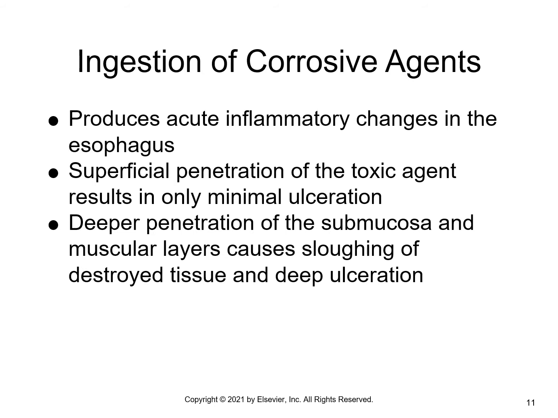Now, if for some reason it was maintained in the esophagus for a longer period of time, maybe because it was a thick fluid or they're having difficulty swallowing, or because they have a stricture in their cardiac valve, then it can cause additional problems.